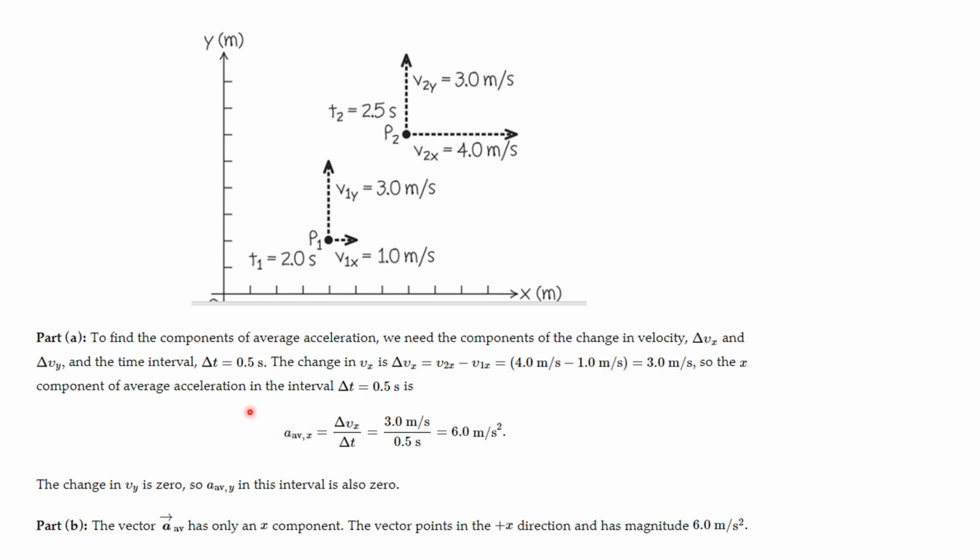So the x component of the average acceleration, after you divide by this, is 3 divided by 0.5, which is 6. And the change in the y direction is actually 0 because it stayed at 3. There was no acceleration. So there's only an x component, and that means it's strictly 6 meters per second squared in the x direction.